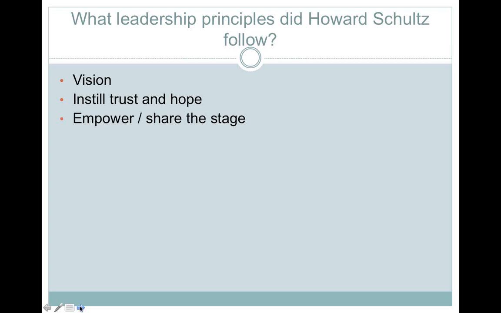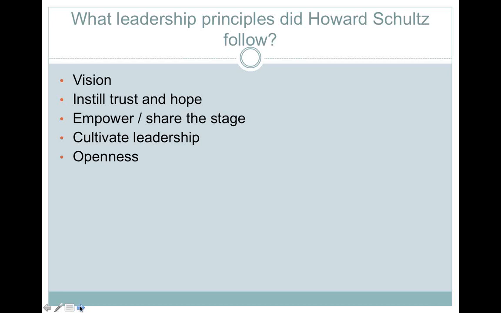And that's certainly an objective of Howard's. As I think it was Darwin mentioned, he definitely wants to empower others. He doesn't believe that he should be the number one person on the stage all the time; he has to share the stage with other people. He believes he needs to cultivate leadership, in other words, to help other people within Starbucks be a leader.